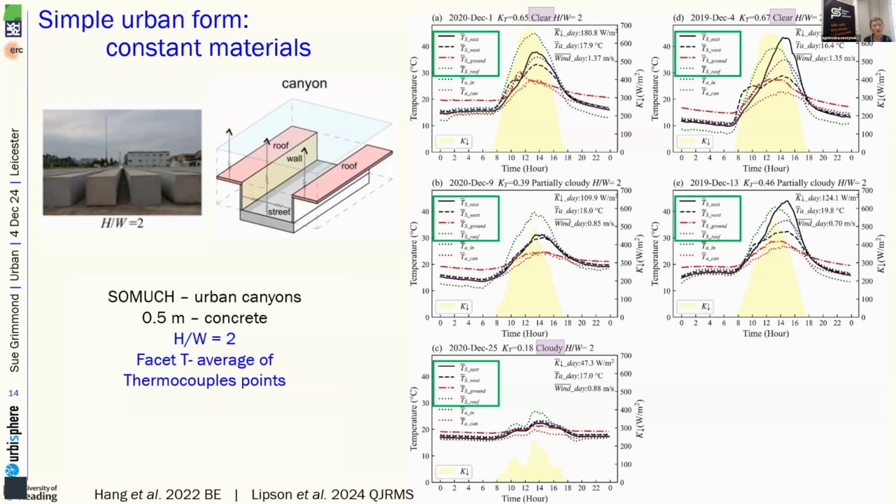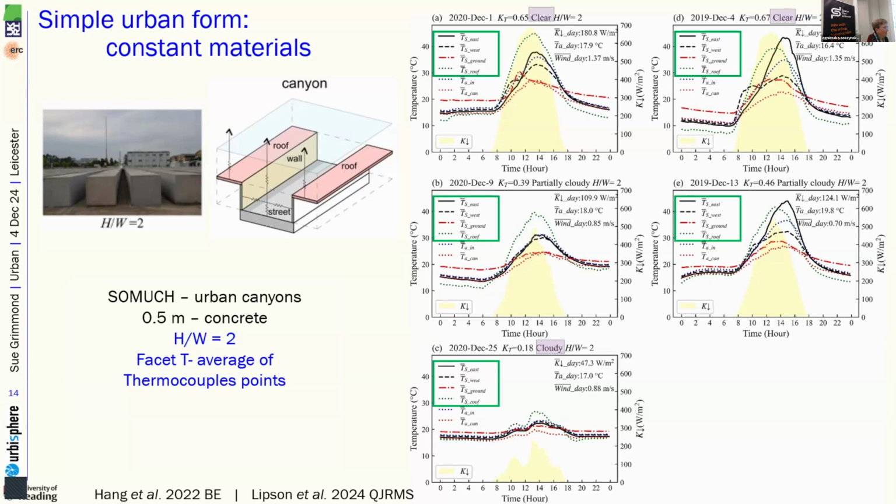Okay, so the difference in these plots is whether there are clear skies or cloudy skies, and the ones in the green box are the surface temperatures. The red line is the ground, and you'll see in all of these cases that the ground temperature has a relatively low diurnal pattern, but on the clear day, the dotted line has a large diurnal variation.